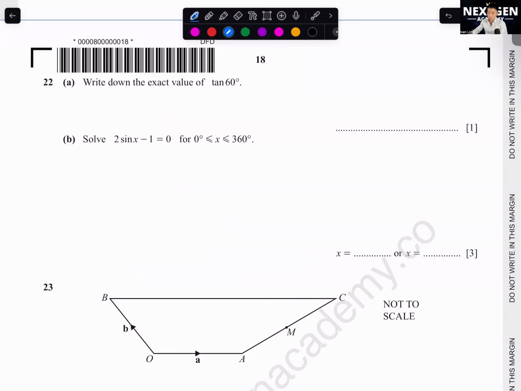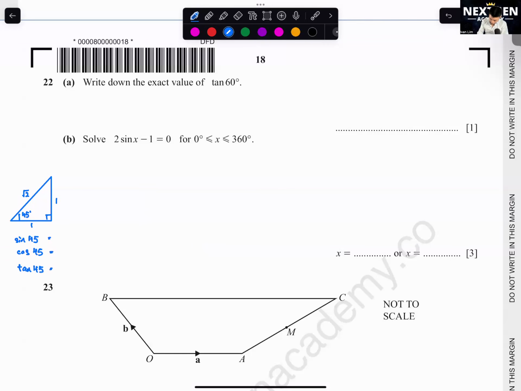Let's practice together. For 45 degrees, we need to draw a right angle triangle. I'll draw over here, find the space here. 45 degrees, 1, 1, root 2. So sine 45, cos 45, and then tangent 45.